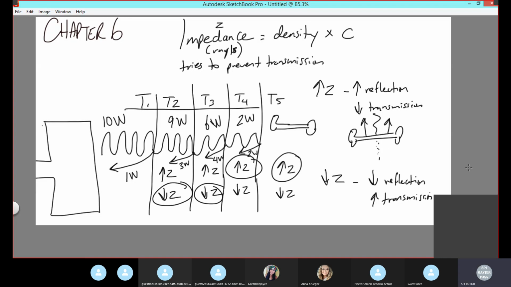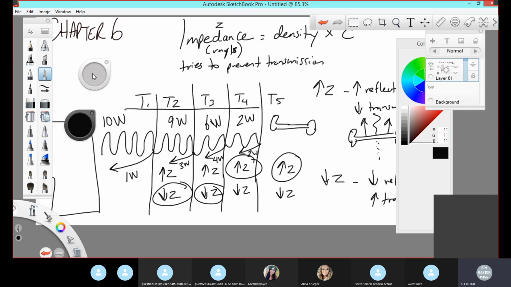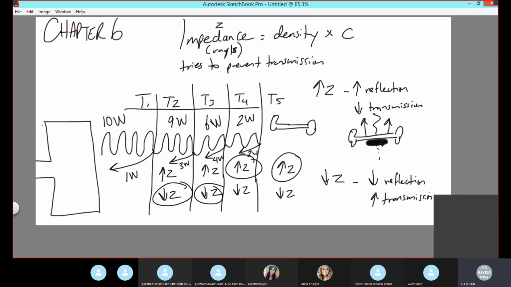There's no transmission. So how can you tell me what's behind bone if a wave was never able to make it there? It was never able to produce reflections. So that's why you end up getting a shadow behind a bone.